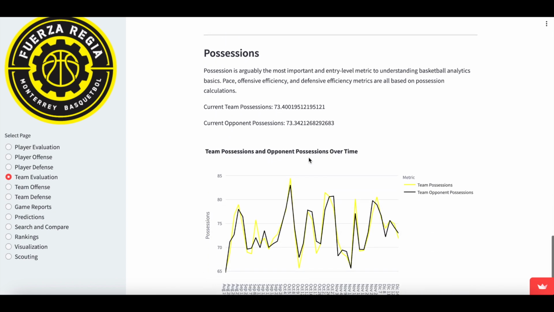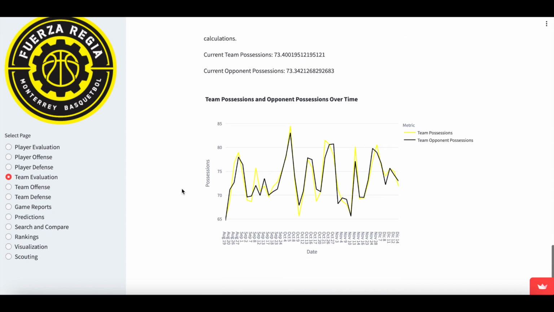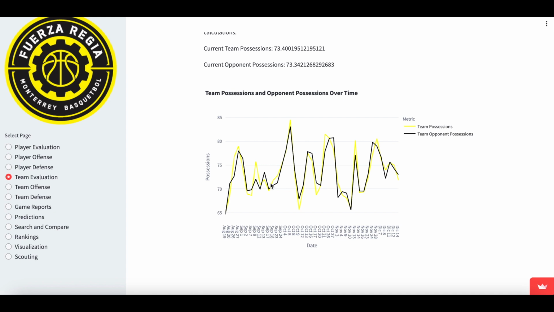Our next metric for team performance is possessions. And it's very easy to understand. We'll display the team possessions and the opponent possessions on average, which means that during the 2023 season, Fuerza Regia averaged 73 possessions per game, while their opponents averaged 73.3, so it was pretty similar, and we show that also in a line graph.